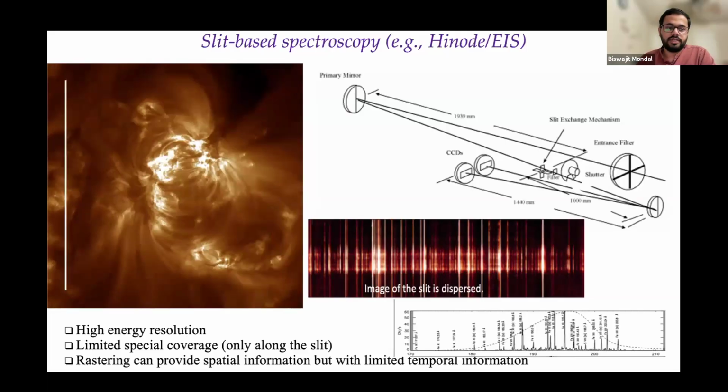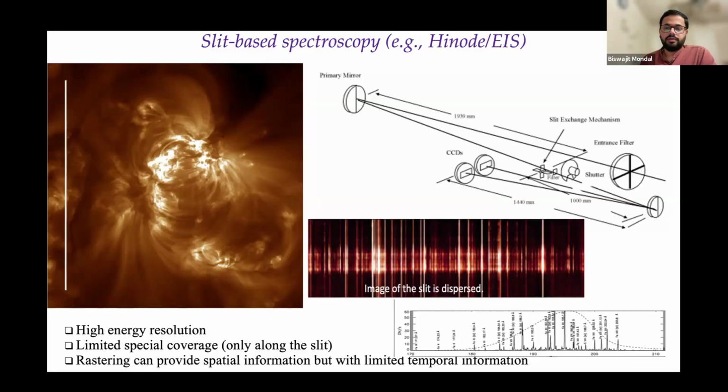This is a disadvantage for a dynamic event like solar flares, where the flaring plasma is very dynamic, on time scales of a fraction of a second or a couple of seconds. So you'll miss information with this kind of spectrometer.